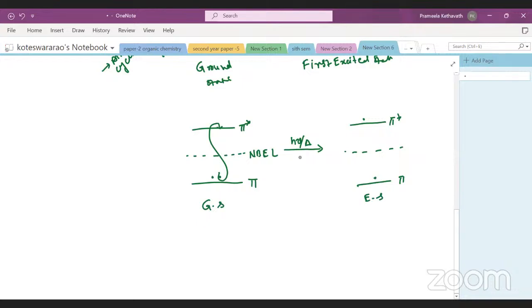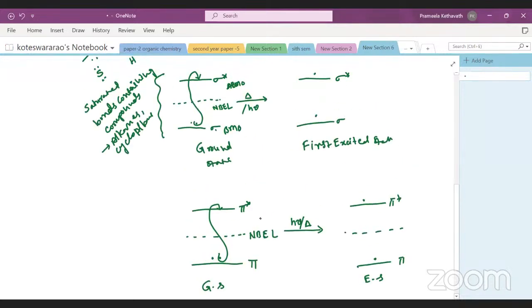Now, this transition, in the first case, we call sigma to sigma star electron transition. This is called pi to pi star electron transition. Where do we see these kinds of electron transitions?